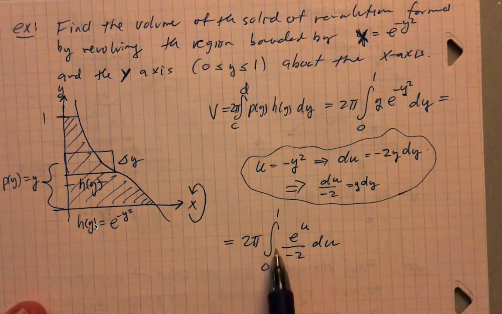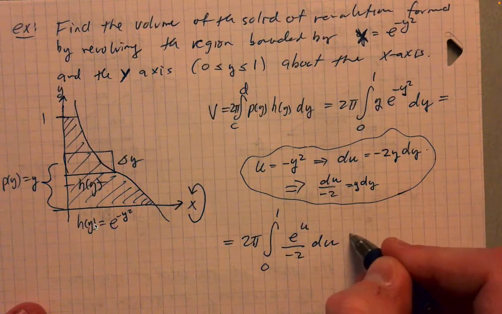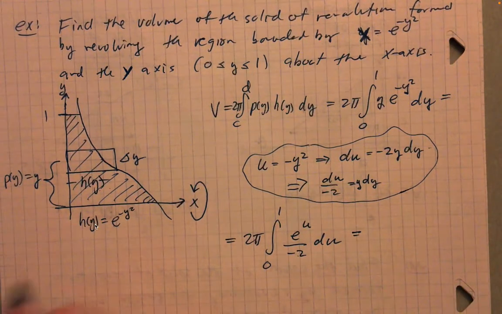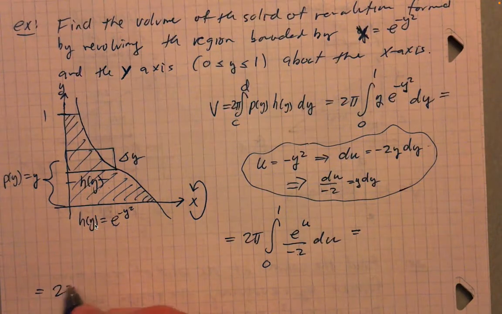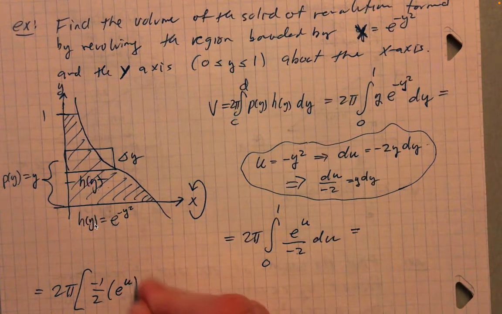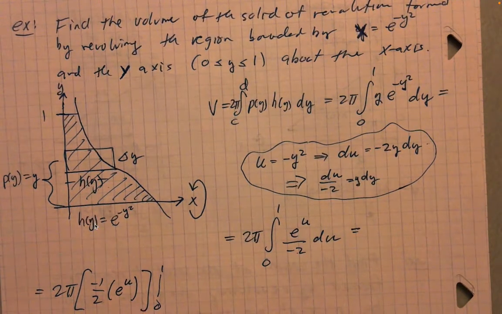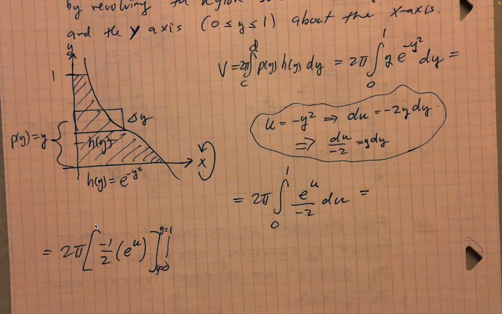All right, so the negative 2 and the 2 cancel. Well, we'll just leave it in there for now. If we do this integral, you'll have 2 pi on the outside, and what do you get here? You get negative 1/2, and then it's just e to the u, from 0 up to 1. Technically this is y equals 0 up to y equals 1, so you have to be a little bit careful since you're doing change of variables here.